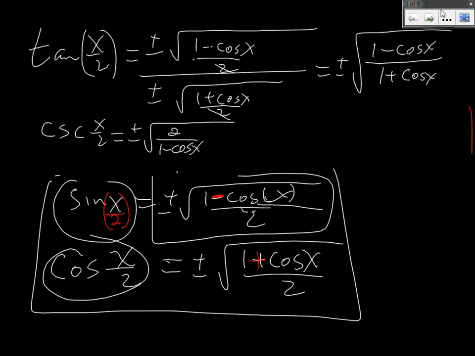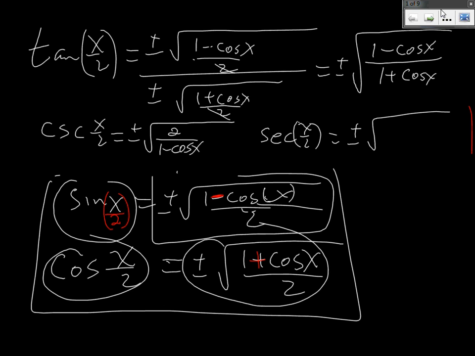And the reciprocal of this is going to be the secant of x over 2. And it's going to equal the reciprocal of that. Plus minus square root of 2 over 1 plus cosine x.